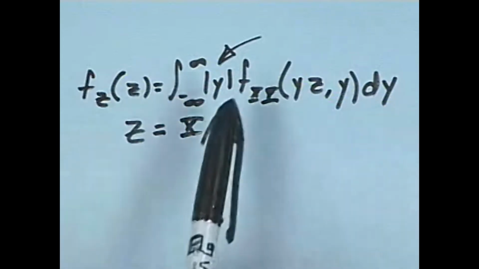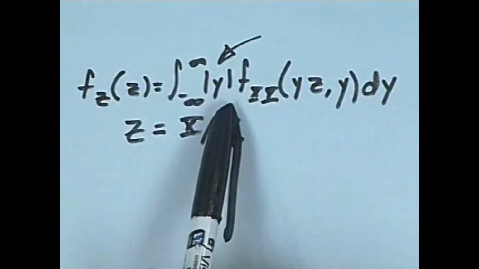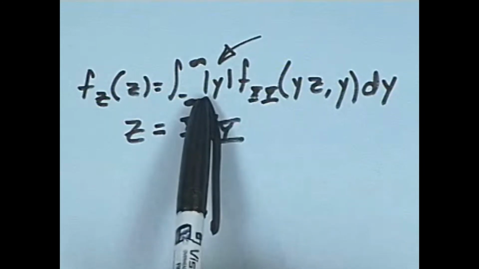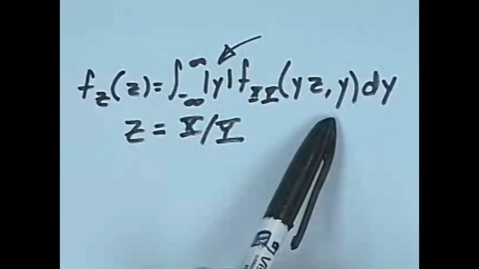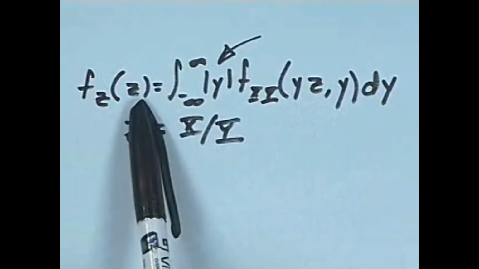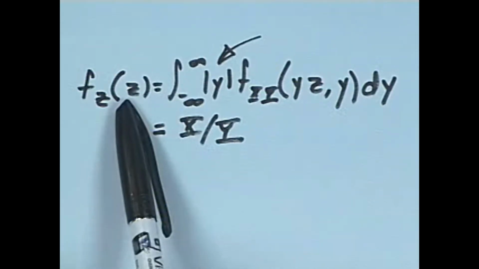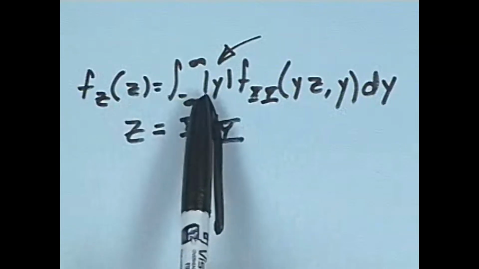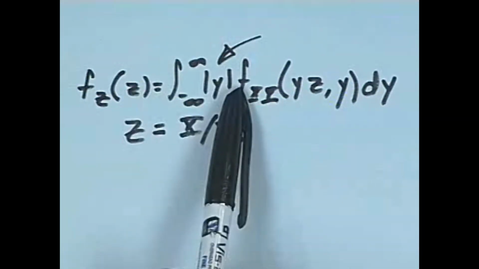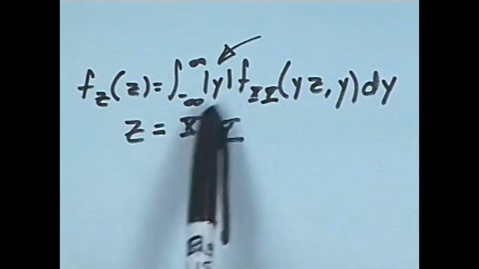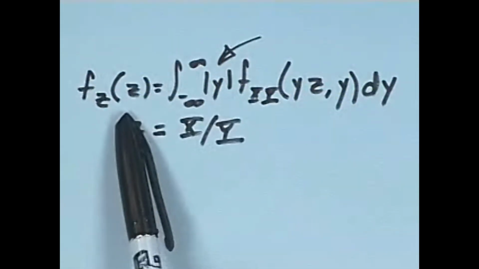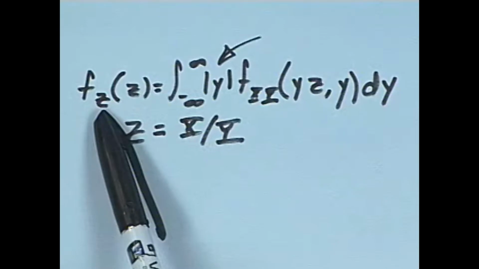But let me tell you why this has to be a magnitude, at least from the viewpoint of a sanity check. If this was negative, there's a good chance that this integral could go negative, and you'd have a density function which is negative. So from a sanity check point of view, we better have this magnitude here, because it wouldn't be difficult to cook up a case where you get a negative density function, which indeed we can't.